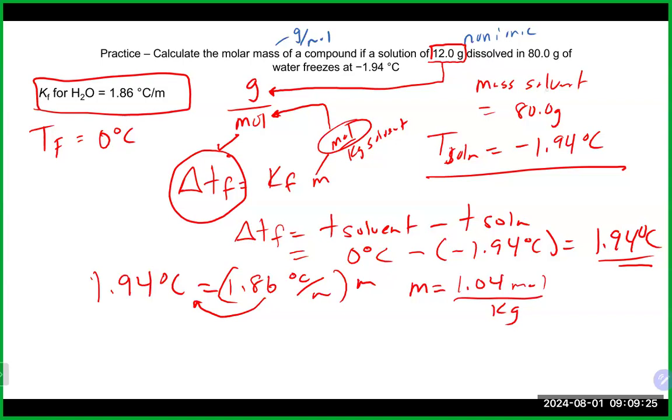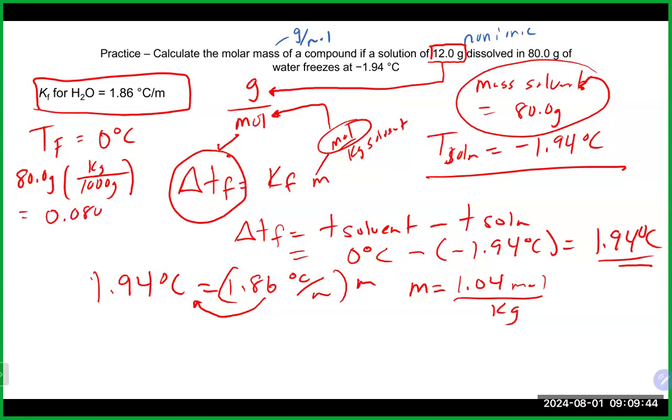That's okay because I do know the mass of my solvent, which is 80 grams, but I do need to convert this into kilograms. So I'm going to take my 80 grams. There are 1,000 grams in a kilogram, and that's going to give me 0.08 kilograms for my solvent.